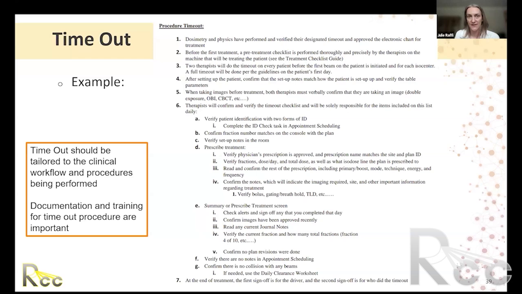There aren't that many things that they're checking, but it will be tailored to your clinical workflow and procedures being performed. And so it's important to have documentation that specifically says where to look to find these things, which items must be timed out. But definitely verifying patient identification and that you're treating with the correct plan and prescription.